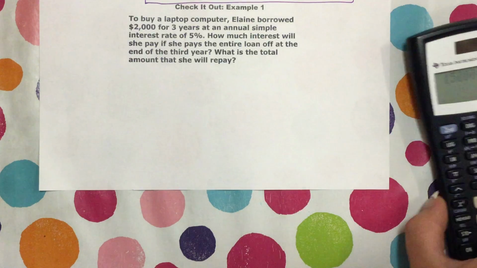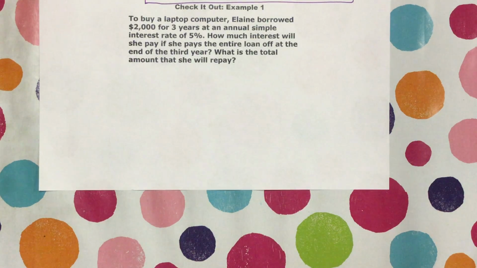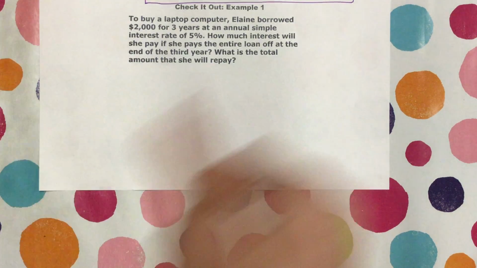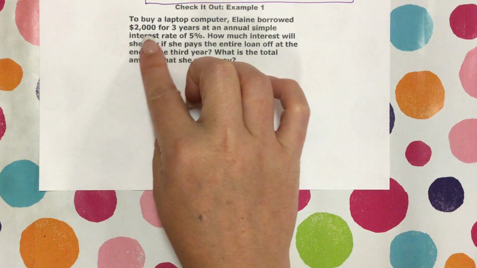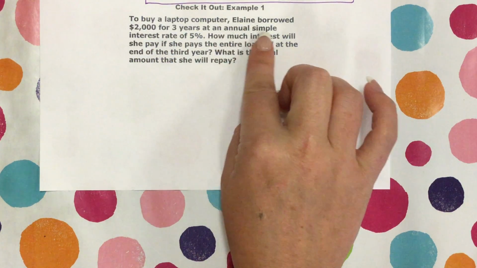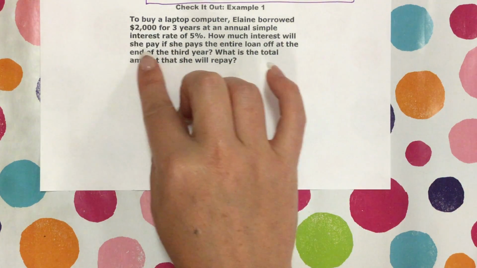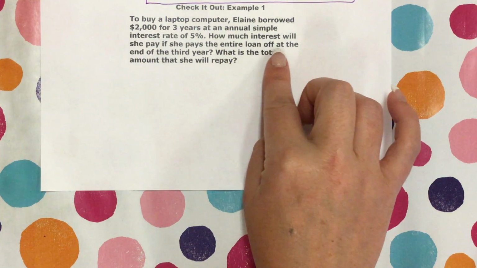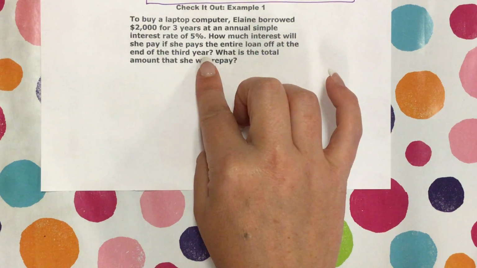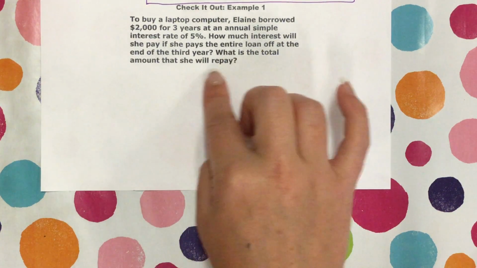Okay, we are back. To buy a laptop computer, Elaine borrowed $2,000 for 3 years at an annual simple interest rate of 5%. How much interest will she pay if she pays the entire loan off at the end of the 3rd year? And what is the total amount that she will pay?